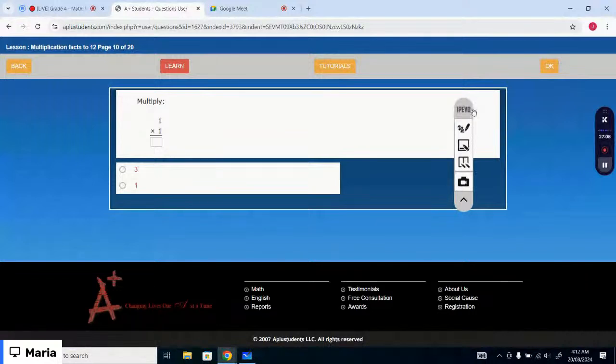1 times 1 is 1, right? Whatever number you are multiplying with 1, the number stays the same. So 1 times 1 is 1.